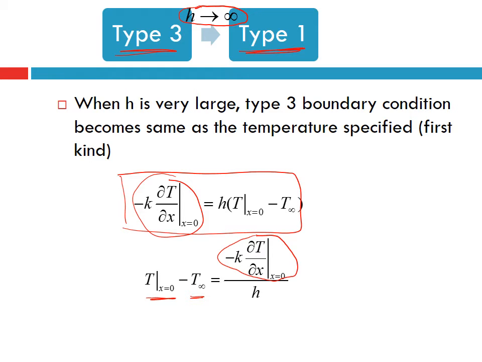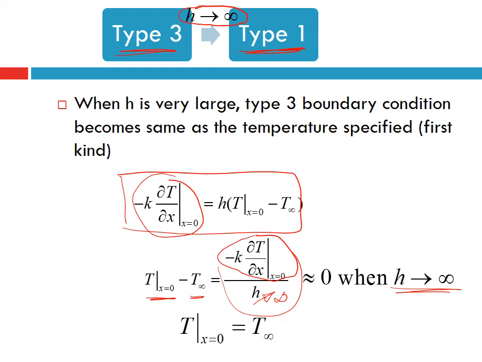So when h is large, when h goes to infinity, this ratio goes to 0. Under those conditions, T at x equal to 0 is equal to T infinity because the difference is 0.